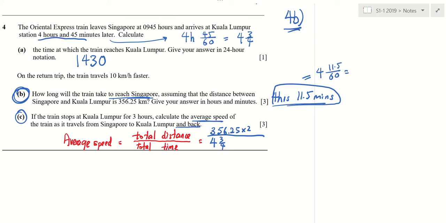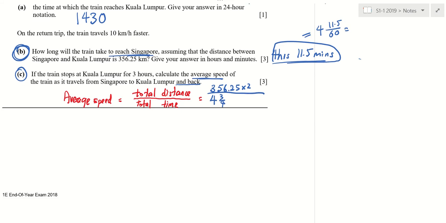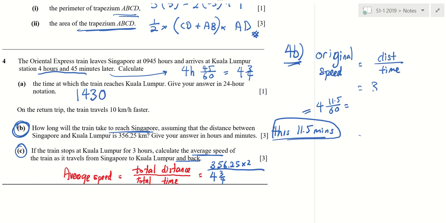First, let us calculate the original speed. How to calculate the original speed? What must I do? Take the distance, divide by the time. So what was the distance? 356.25. What was the time?